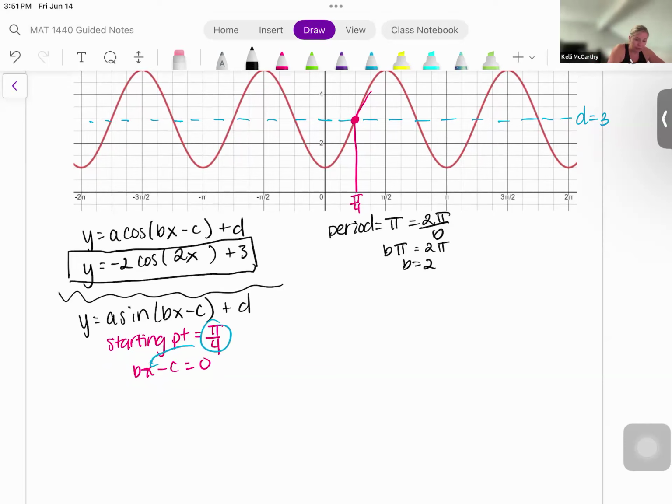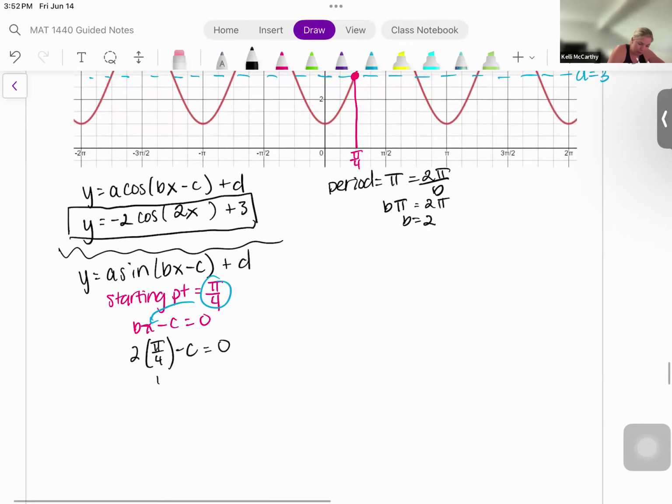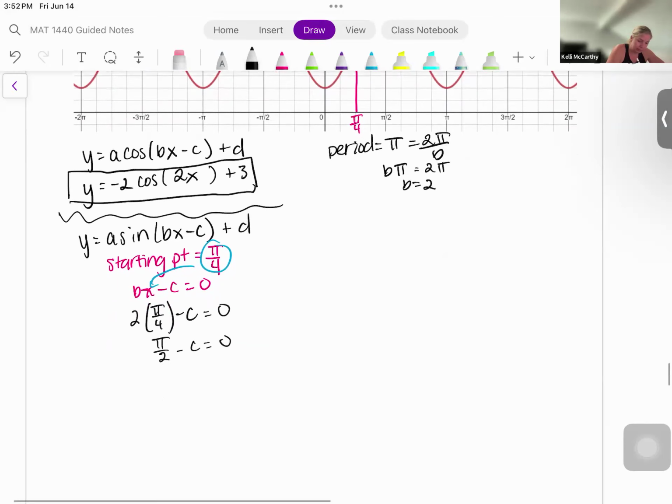We also know the value of b is 2. So 2 times pi over 4 minus c is equal to 0. And we can solve that for the value of c that we're going to substitute in. 2 times pi over 4 is pi over 2, minus c equals 0. So that tells me that c, if I add c to both sides, is pi over 2.